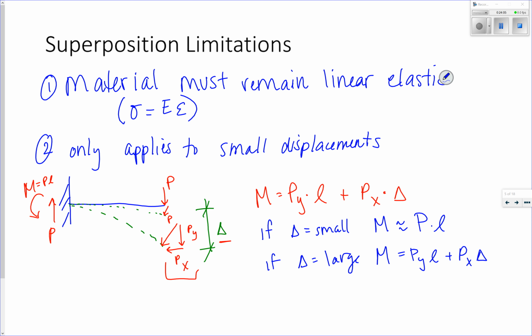And if I have a small displacement due to two different loadings, that's fine. But what if one is a large displacement, one is a small? Have to take the deflected shape into account. So superposition is no longer applicable.